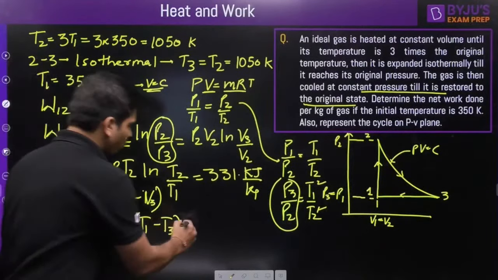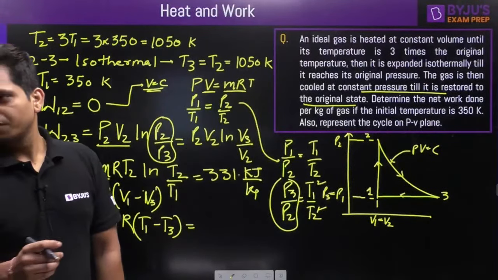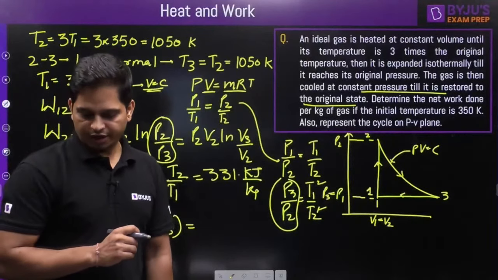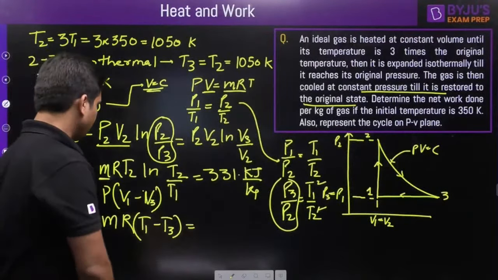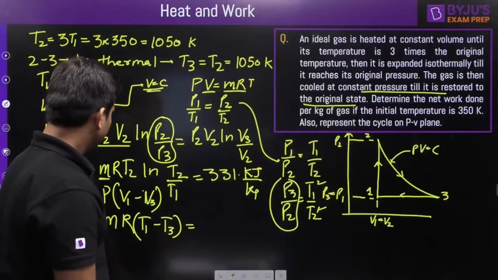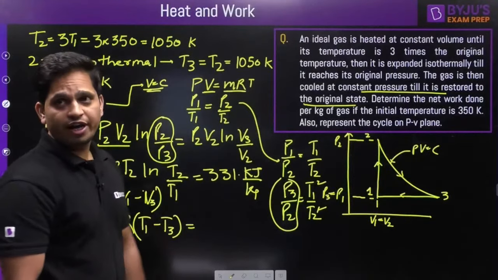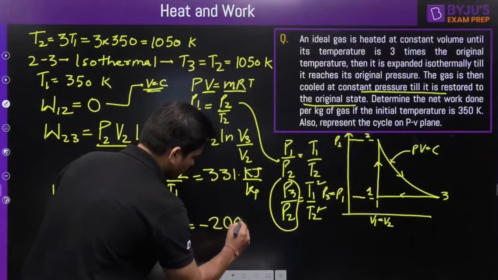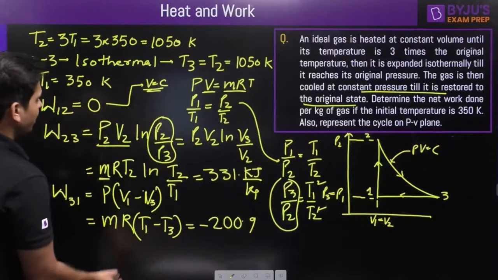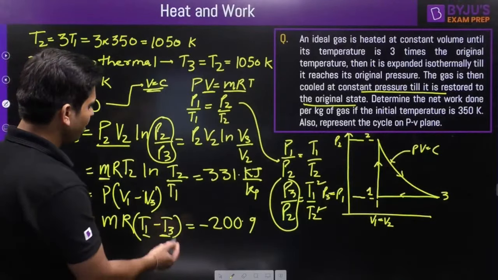Very quickly tell me, we'll move ahead then. It's 200, right? 200.9. Is it positive or negative? Negative, yes. Because T1 is 350 and this is 1050. Okay, so it will be negative.